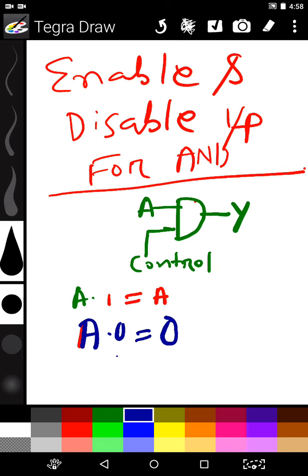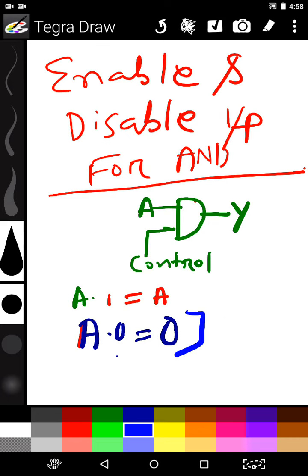So for control input 0, the AND gate behaves with disable behavior, meaning there will be no variation.